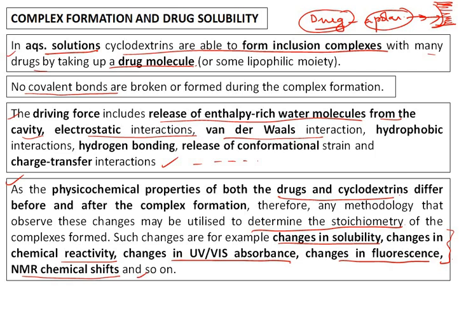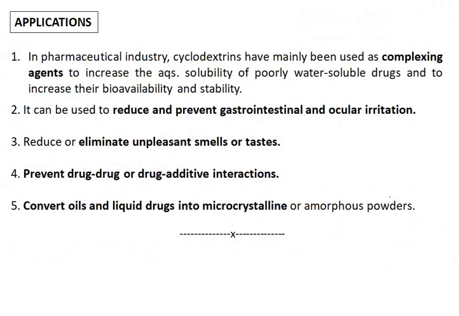Whenever there is a change, there are different instrumentation and techniques we can use to find out these changes, and so we can determine the stoichiometry of the complex formed between the drug and cyclodextrin, right?